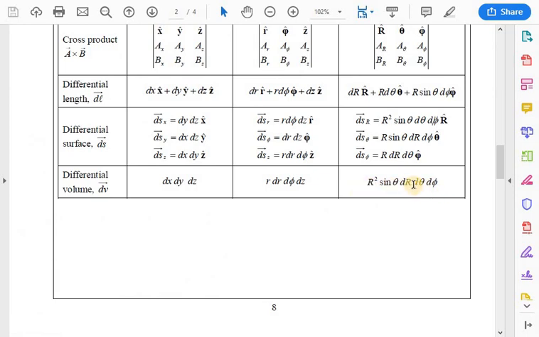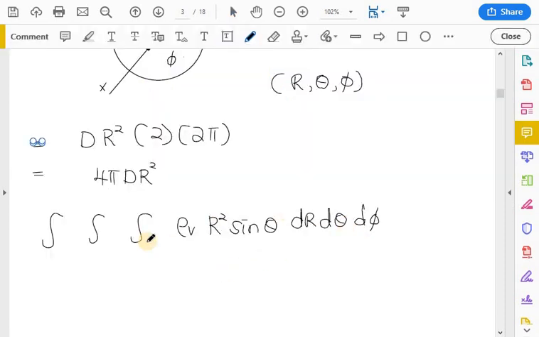Is it important to arrange this in a different way, for example d theta first, dr, and then d phi? Does it matter? No, you can arrange it according to the arrangement that you like. Can be d phi, d theta, dr. Doesn't matter, as long as the intervals tally.